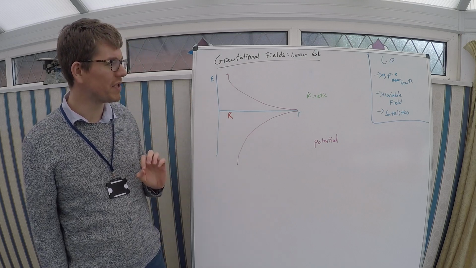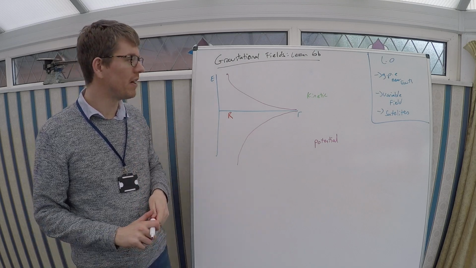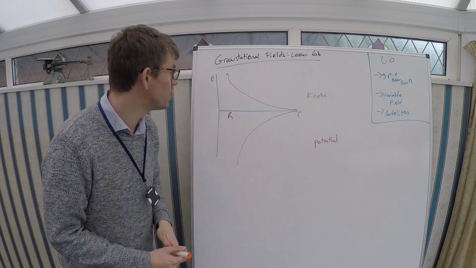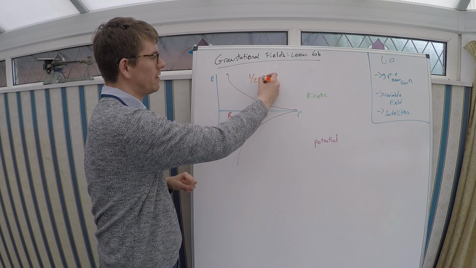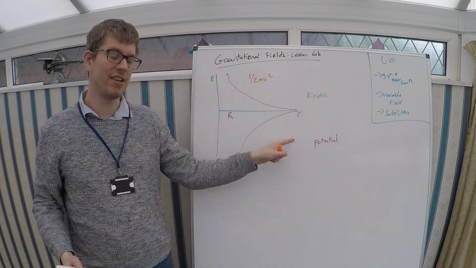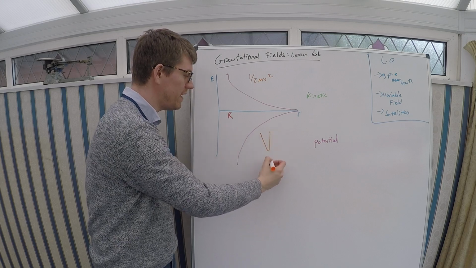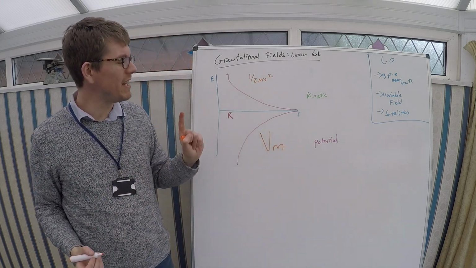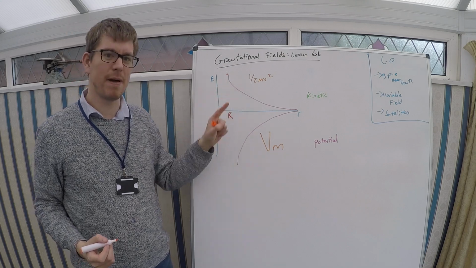So, what does this graph tell us? Well, firstly, because our kinetic energy is going to be equal to half mv squared, and our potential energy at any point is going to equal the field times the mass, our speed is actually going to be independent of mass.